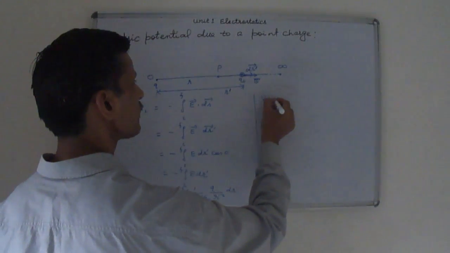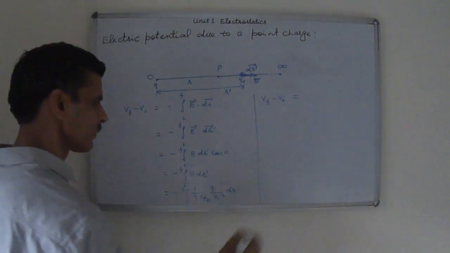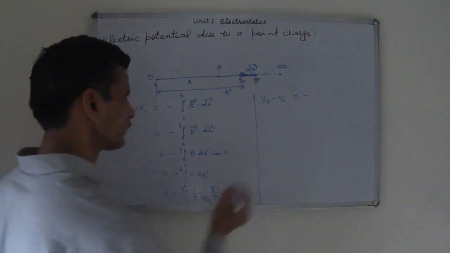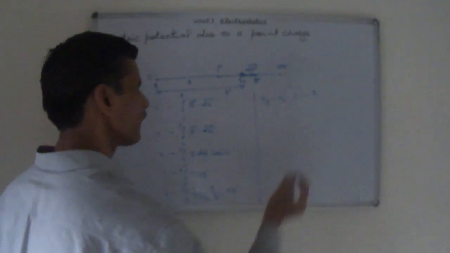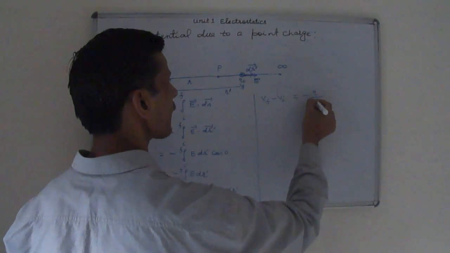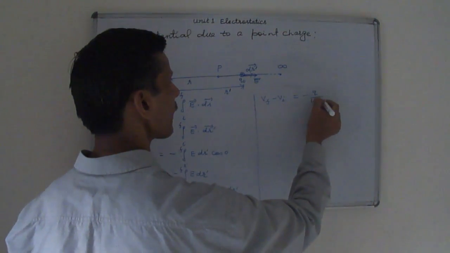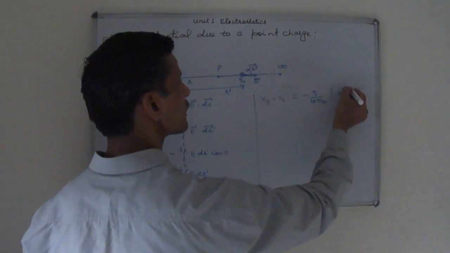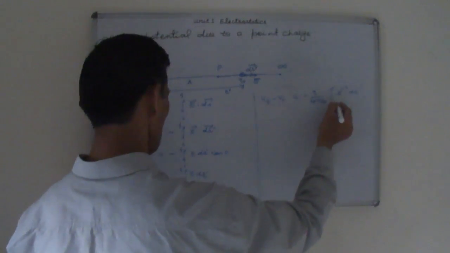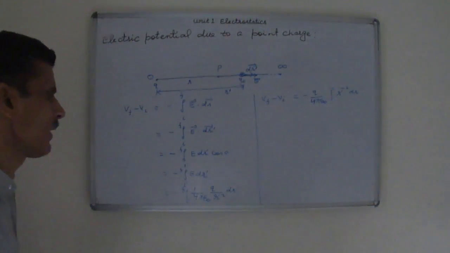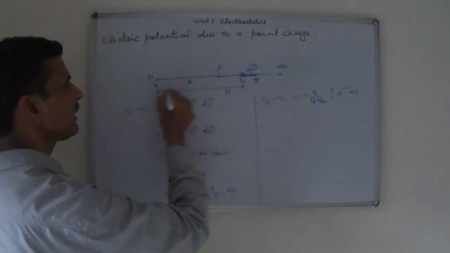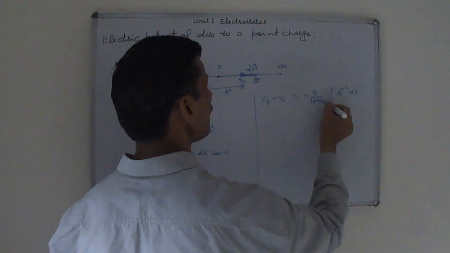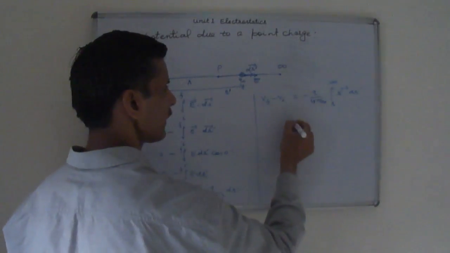So you have Vf minus Vi is equal to minus Q upon 4 pi epsilon naught, integration r prime to the power minus 2 dr prime, and limits i to f. Here i means small r and f means infinity. So r to infinity.